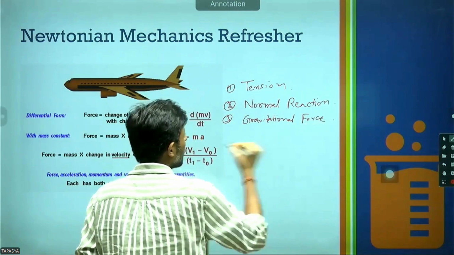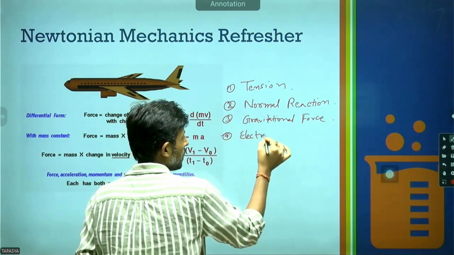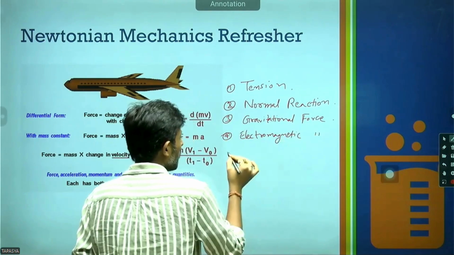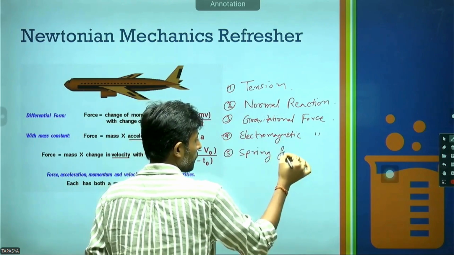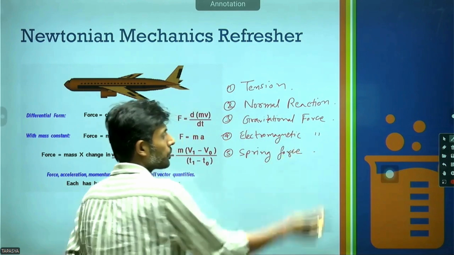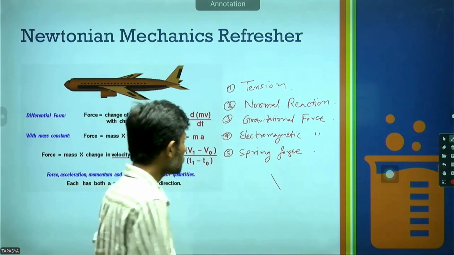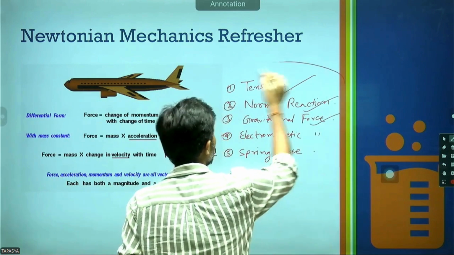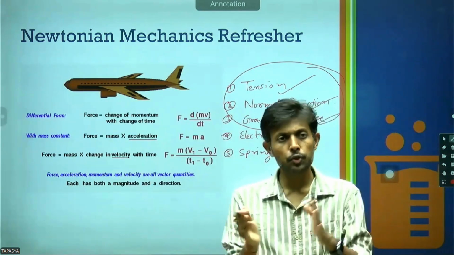And there are other kinds of forces. Electromagnetic forces would be one. Spring forces and whatnot. Okay, plenty of ways to classify forces. This is important to understand. This is important to understand. And this, if you understand these three, I think it should be fine for the first few months of class 11.